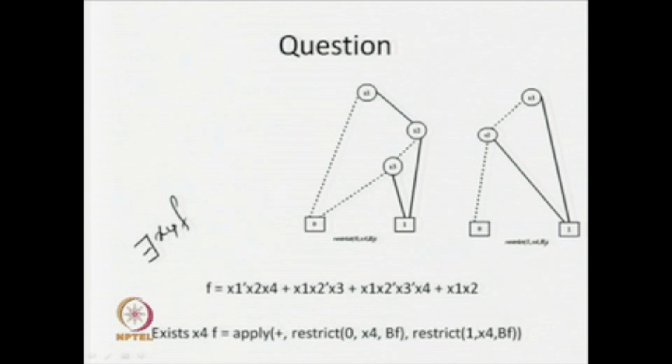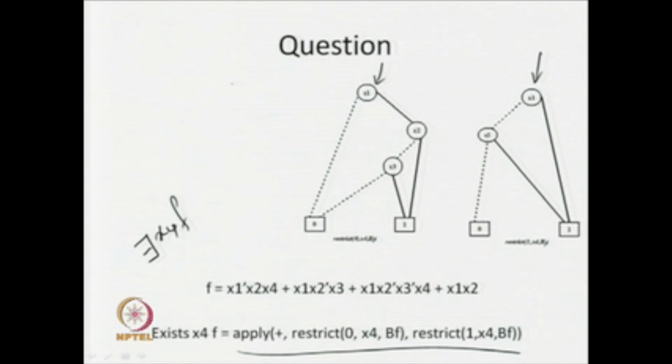That means it is going to be evaluated with the help of this expression: apply plus on restrict x4 to be 0 and restrict x4 to be 1. So, I am having these two operations for restrict 0 and restrict 1. In that particular case, the root node is your x1 node.